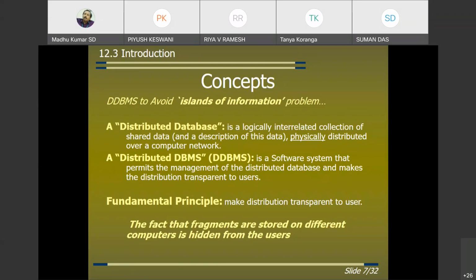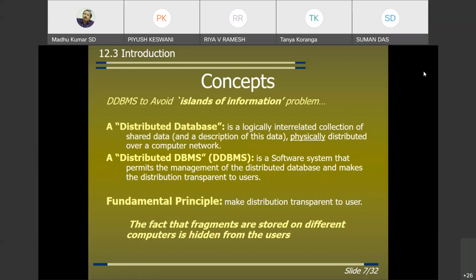So a distributed database is actually a combination of data plus a network containing the different fragments of data. So a distributed DBMS, DDBMS, is a software that permits the management of the distributed database and makes the distribution transparent to the users.